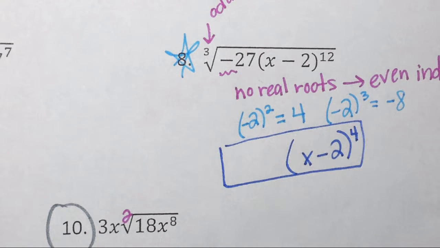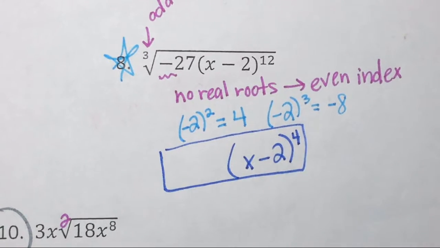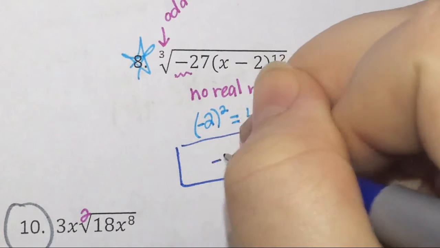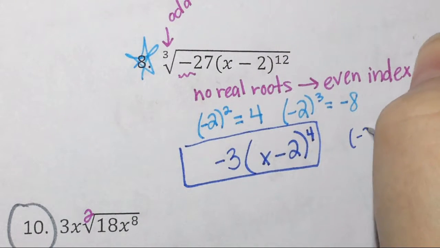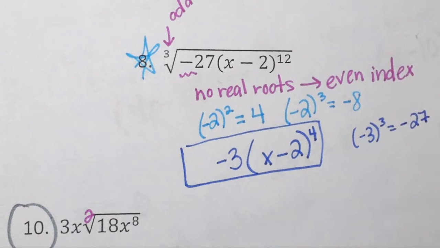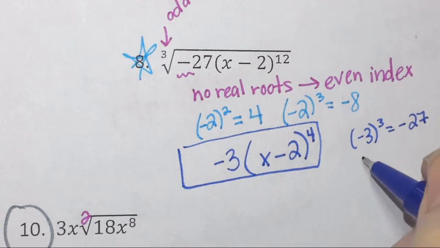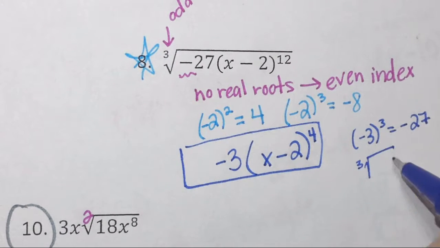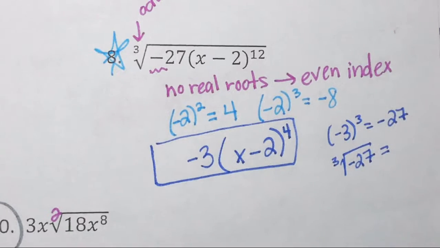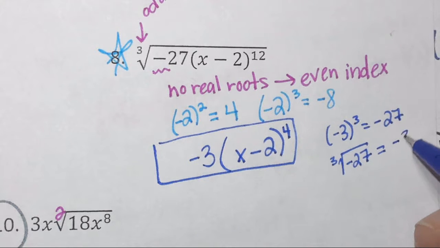It does have a real root, so no i is needed. Yes, it'd be negative 3, because negative 3 to the third is negative 27. Or, if Caitlin had her calculator, and she typed in the cube root of negative 27, it's going to tell her negative 3.